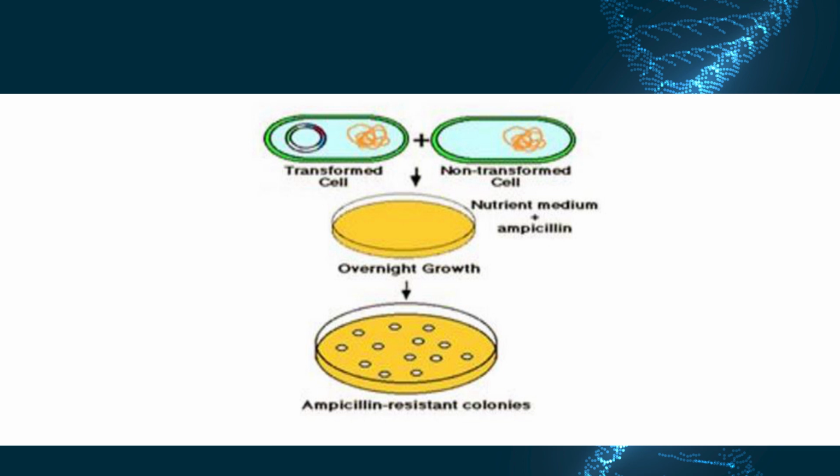The left side indicates that there can be a cell with a recombinant DNA molecule, the right side indicates there can be a cell with a plasmid, and both transformed as well as non-transformed cells are present initially in the mixture. We need to separate them, and that is done with the help of culturing in media. How you will separate that, I will discuss in the next slide. The selected cells undergo various tests including genetic analysis and protein characterization to verify the presence and functionality of the desired gene and its protein product.